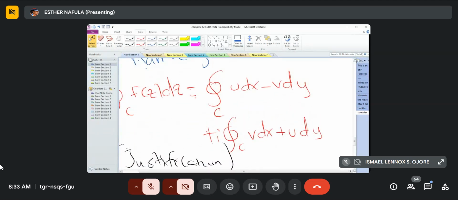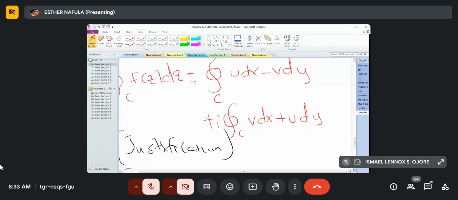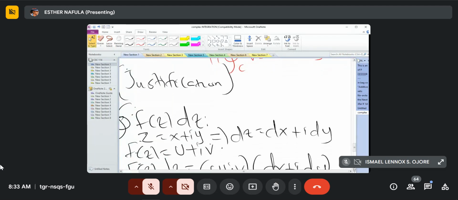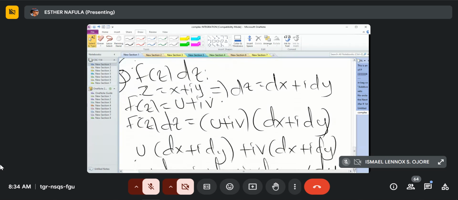The contour integral f of z dz. So I was justifying how to arrive at the u dx minus v dy plus I v dx plus u dy. The z is x plus iy, dz will be dx plus I dy. F of z is u plus iv, so f of z times dz is u plus iv times dx plus I dy.